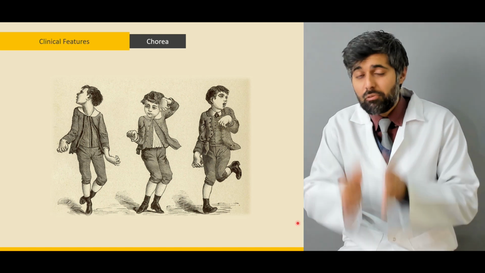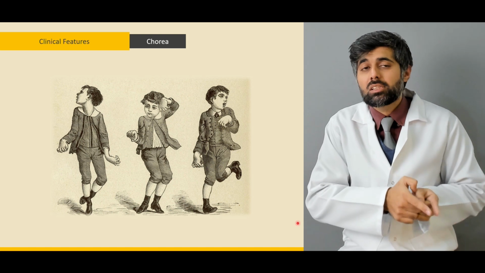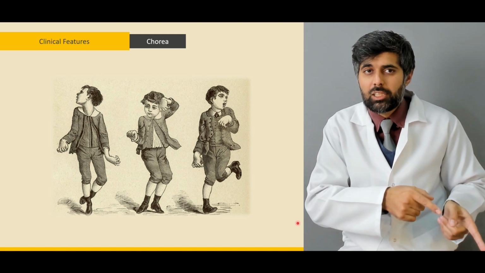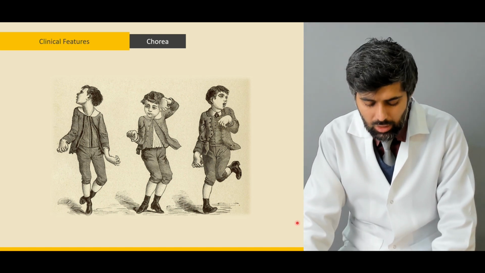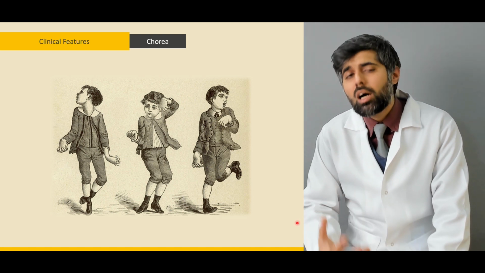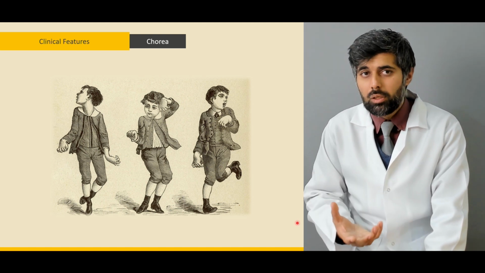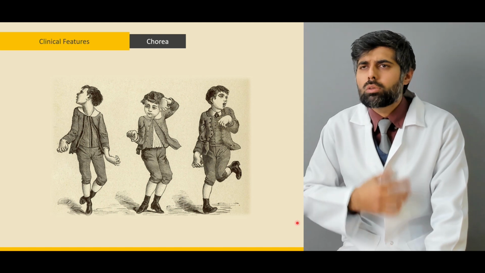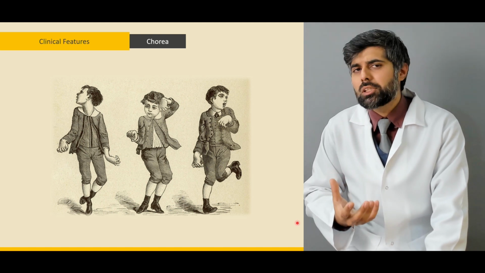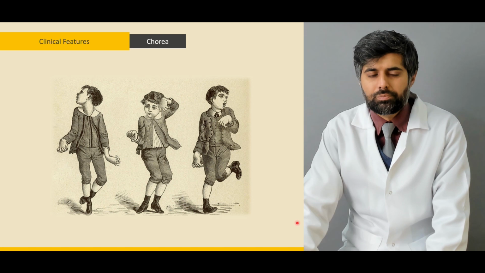And this is very different from both Parkinsonism and ataxia. Chorea in rheumatic heart disease is common. It is seen in less than 5% of the patients.